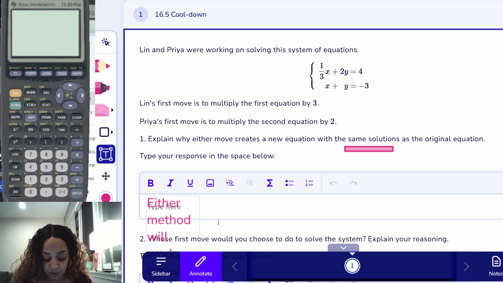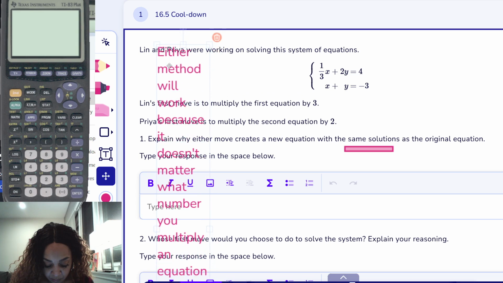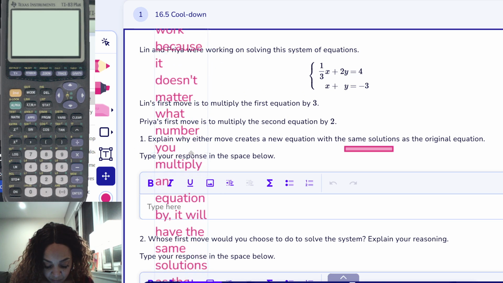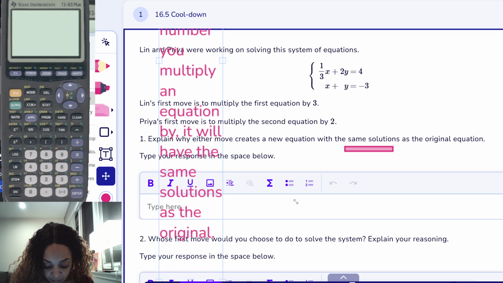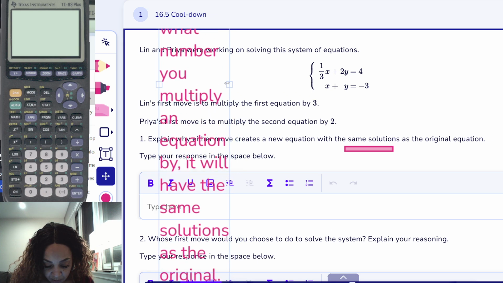Okay, so you can put this in your own words, but let me just stretch out my text box. I want to expand it this way.